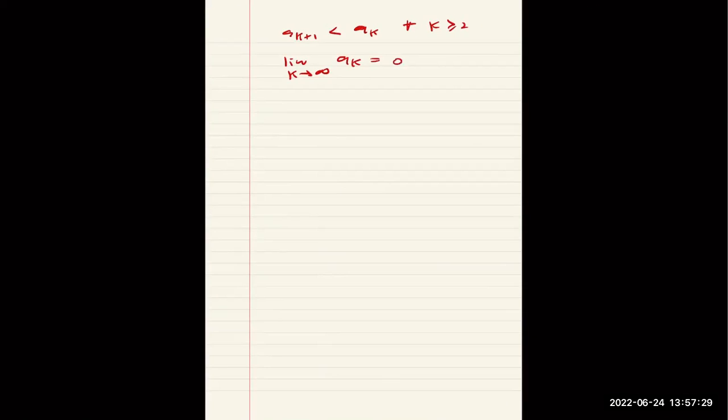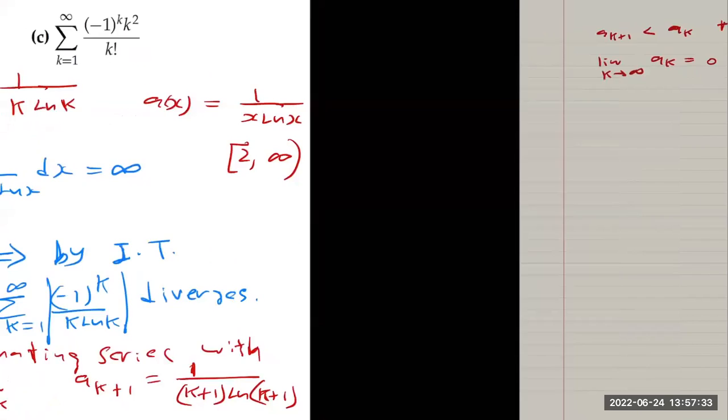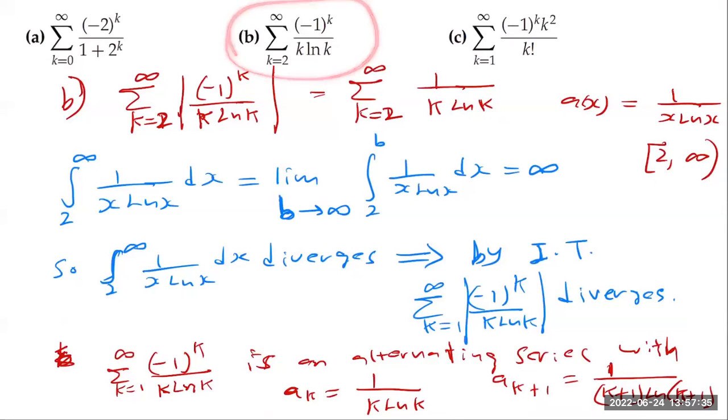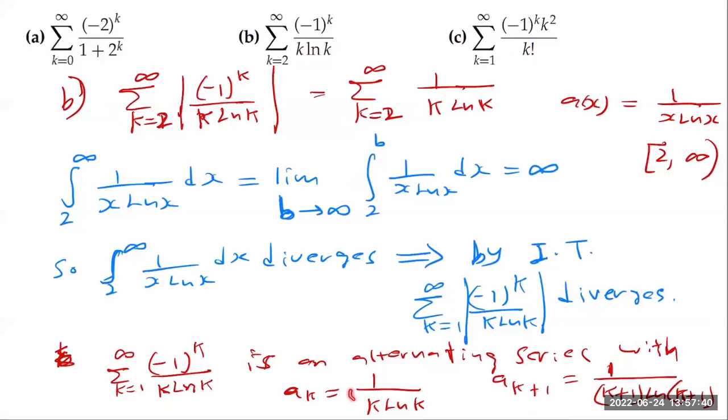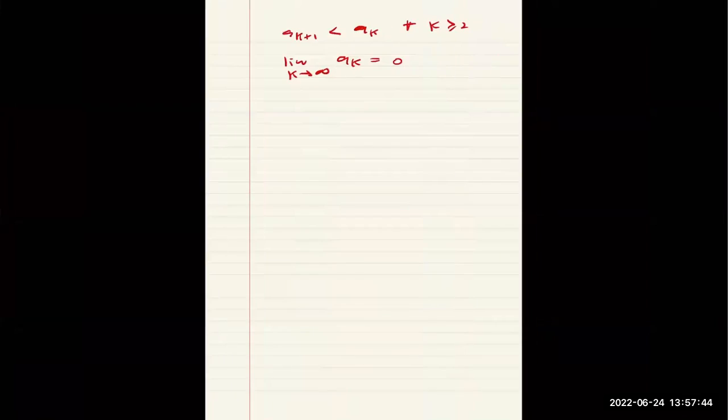What does this tell us? By the alternating series test, this original series converges, right? Because we have all the criteria satisfied. All the terms of this sequence are positive, it is a decreasing sequence, and also the limit of that sequence is 0.